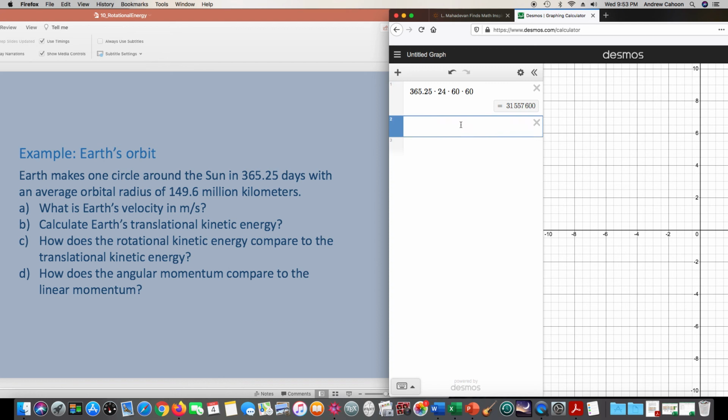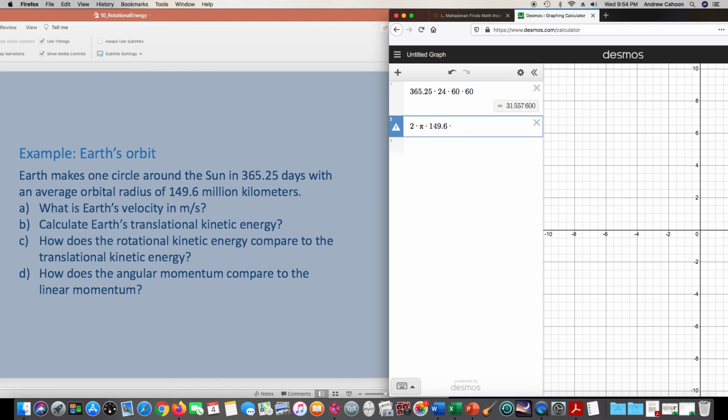Now, to get its actual velocity in space, how fast it's moving, we need to know how many meters it goes. So we need the circumference of Earth's orbit. The formula for circumference is 2 pi times the radius, and the radius is 149.6 million kilometers. So let me write the 149.6.